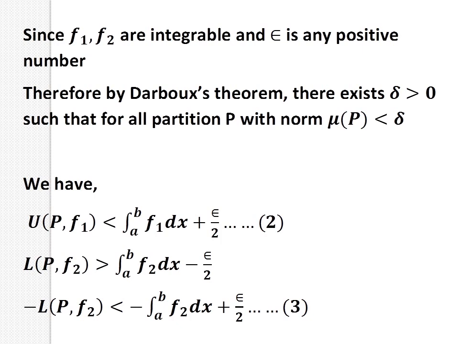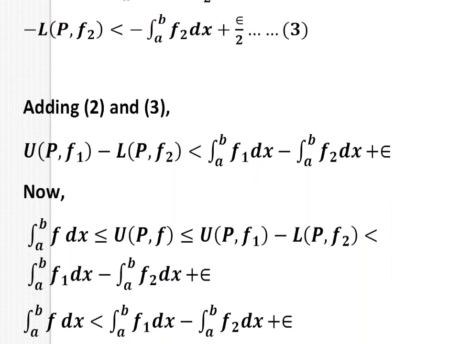Multiplying with a negative sign, we get minus lower limit of f2 is less than negative integration of f2 from a to b plus epsilon by 2.